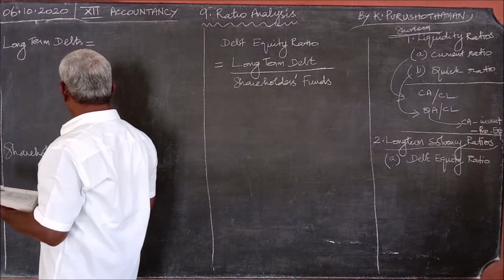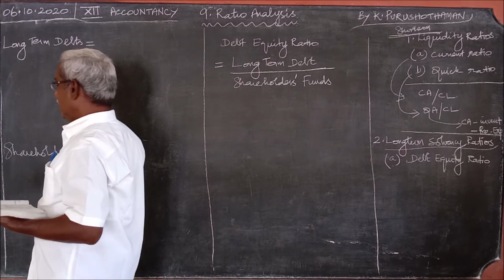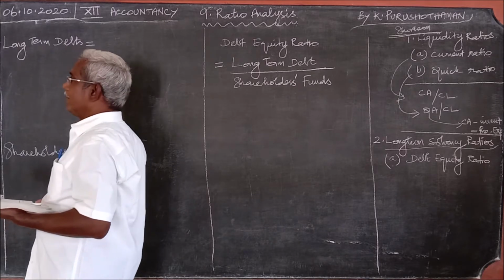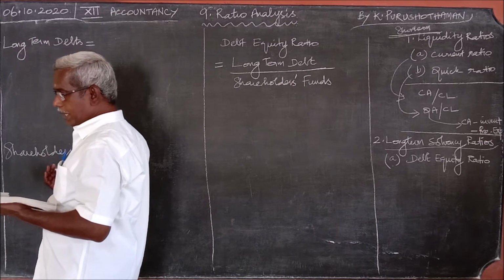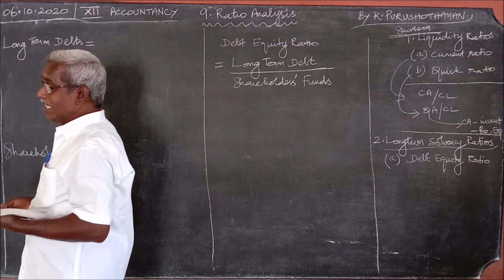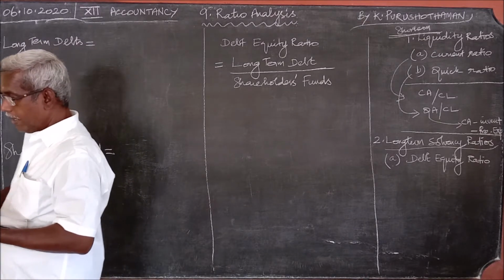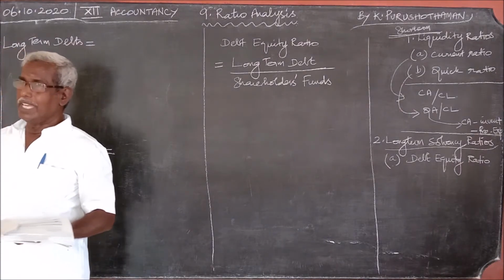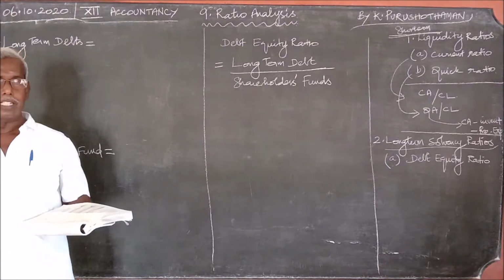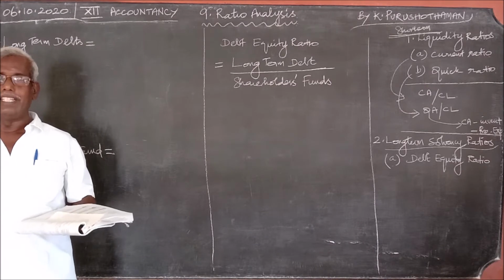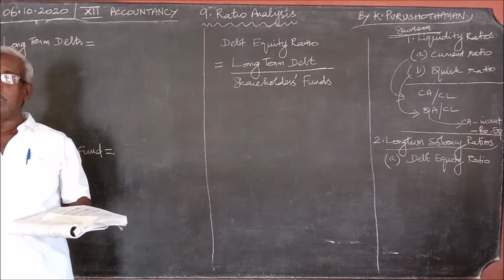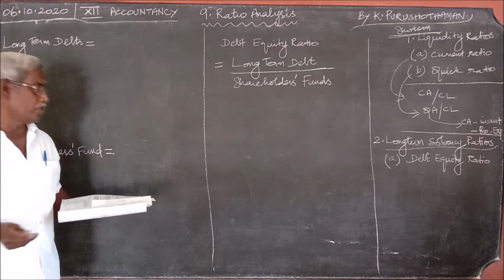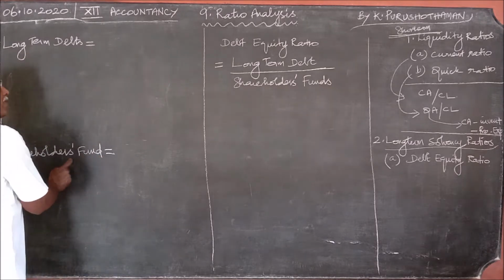And regarding the shareholders funds, here we can write the different types of shares and the reserves and surplus. What are the different types of shares? Equity shares, preference shares, and reserves and surplus. These are the three items which will come under this.